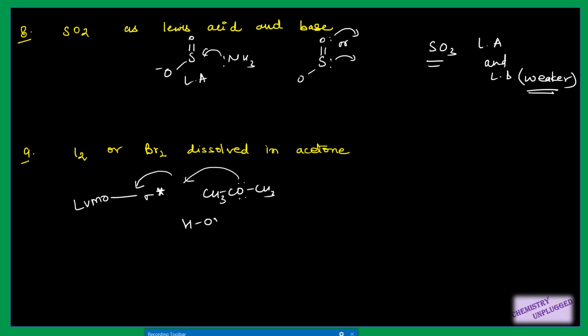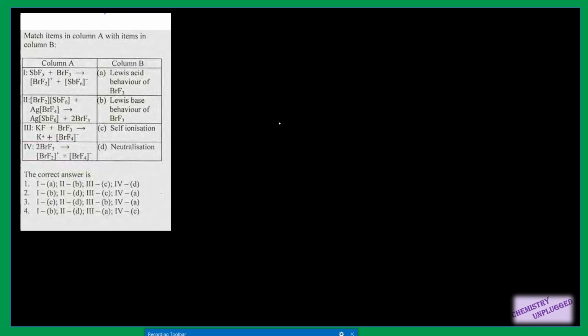We can have water also, we can have alcohol, these all can donate electrons to iodine or bromine, right? So in this case these two will act as Lewis acid and acetone or other polar solvent will act as Lewis base.